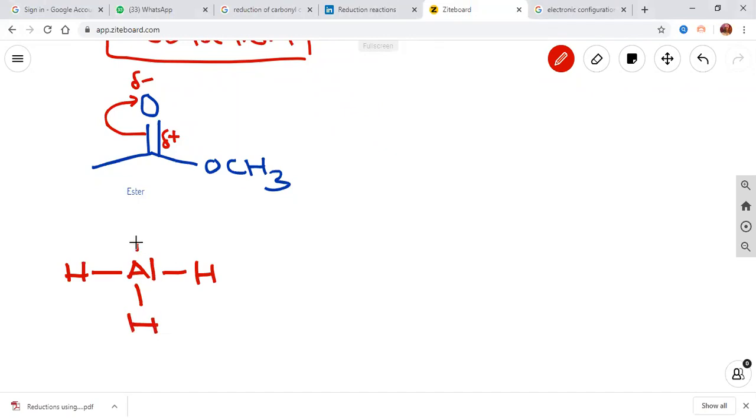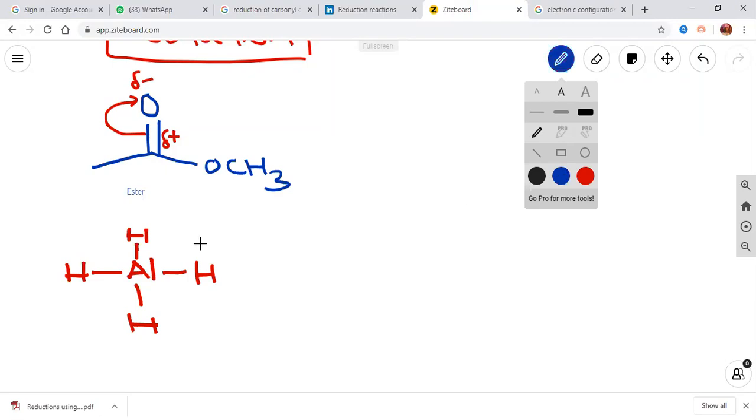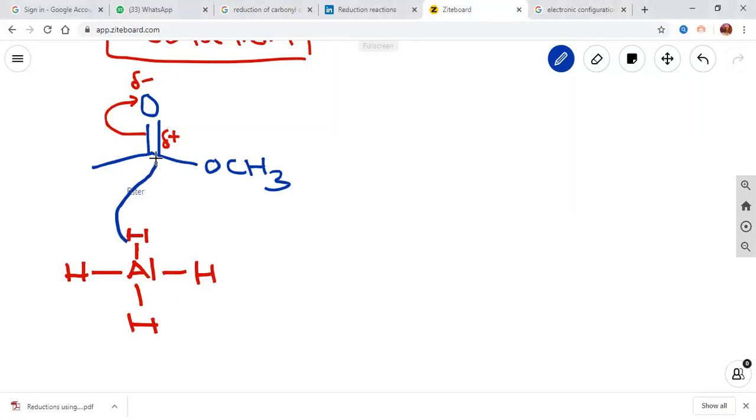Because this can easily break and makes a strong base, this will attack this electrophilic center, this carbon, and it will form a bond with this carbon.